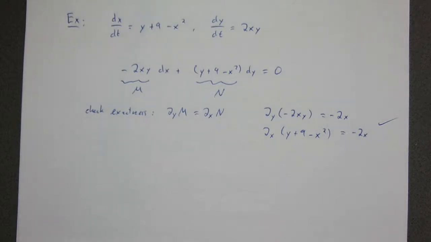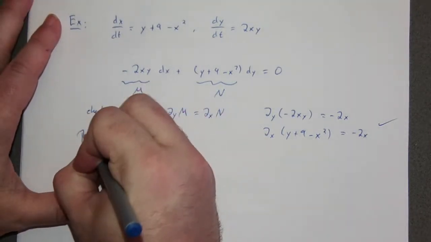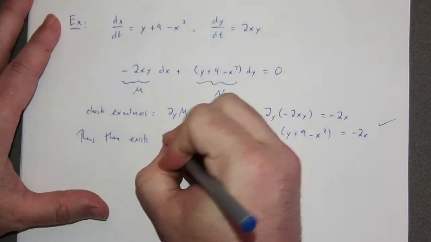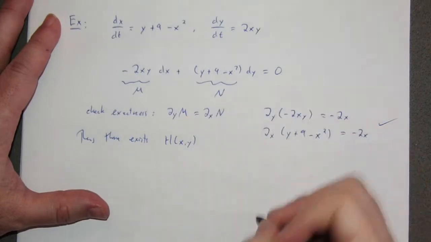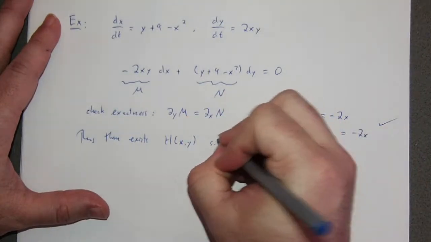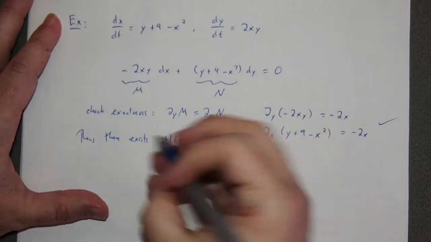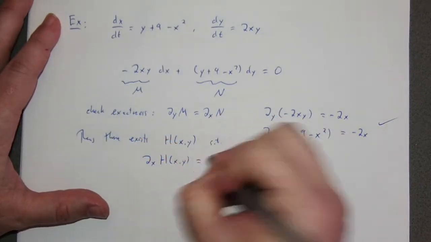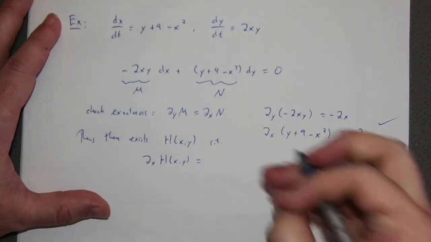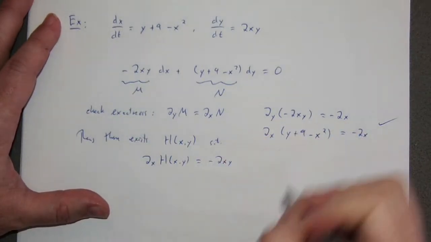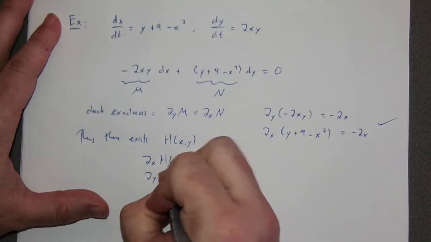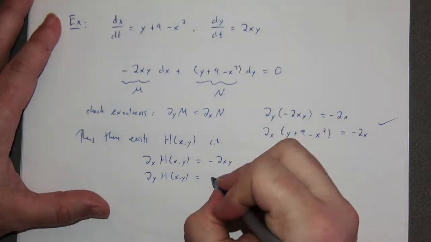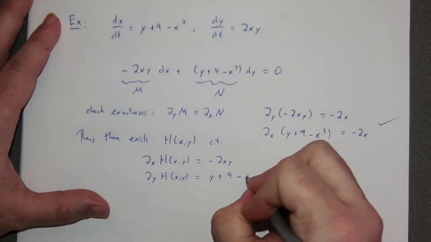So what this means is that there exists some h of x y such that the x partial of h is equal to m, which is minus 2xy, and the y partial of h is equal to n, which is y plus 9 minus x squared.